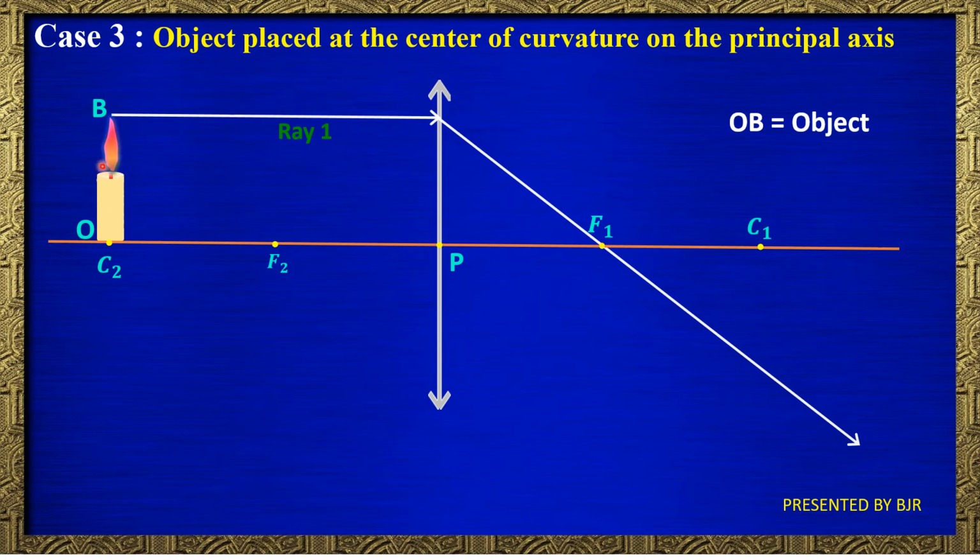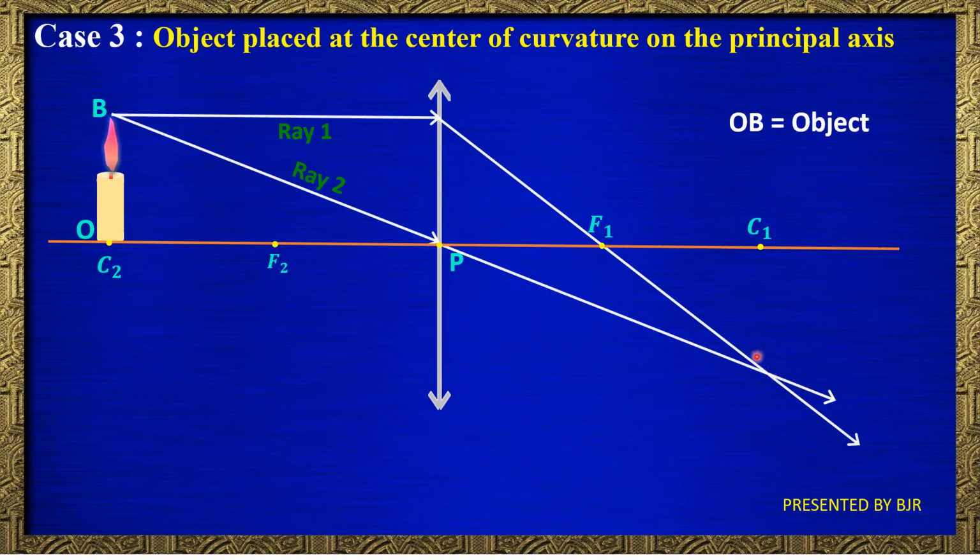Similarly, let us take the second incident ray from the same point B, which passes through the optic center. We know that a ray passing through the optic center is undeviated. So this is the second refracted ray. See here, this is the first refracted ray, this is the second refracted ray.